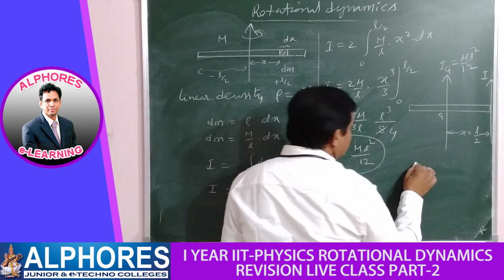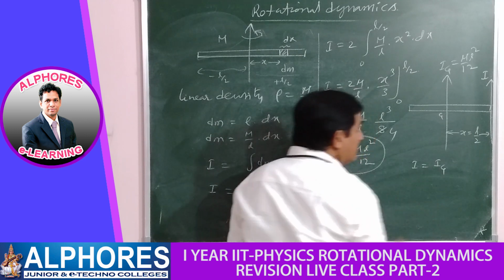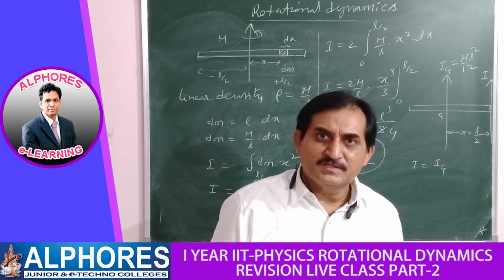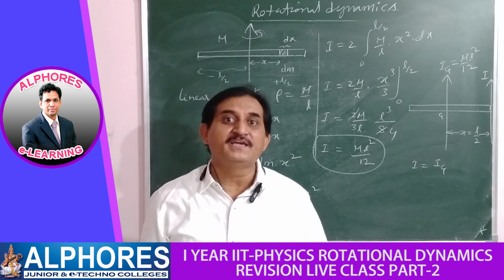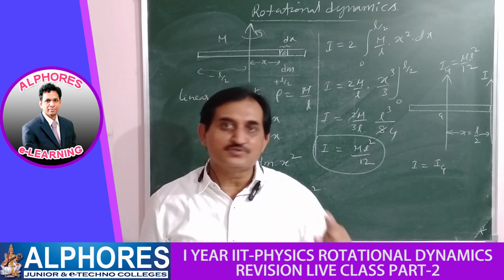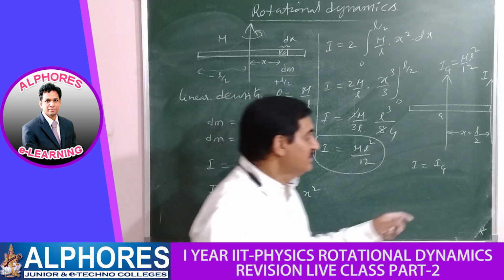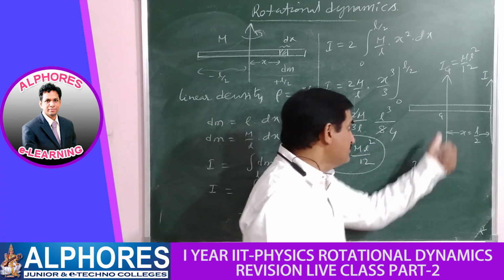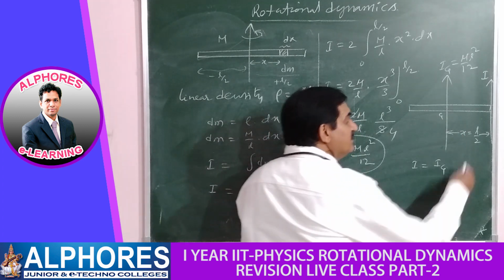Yes, using the parallel axis theorem, I is equal to Ig. See here, when we are going to apply the parallel axis theorem, the condition should be followed by anybody who is going to solve the problem. What is that? The axes must be parallel, out of which one axis must pass through the center of gravity. Right?